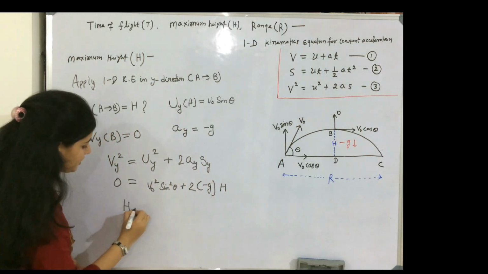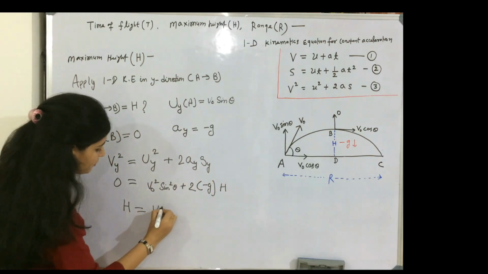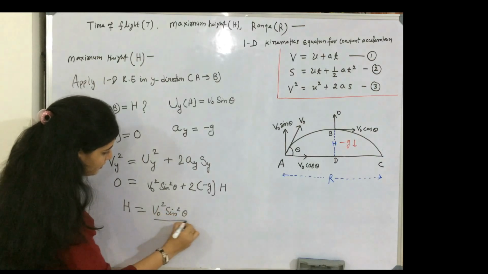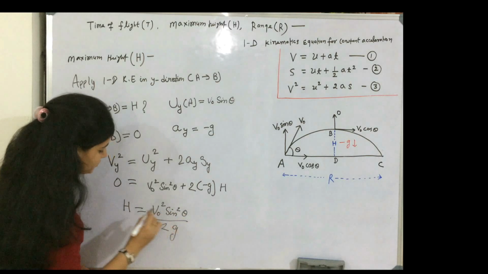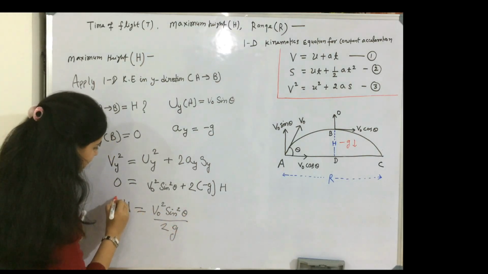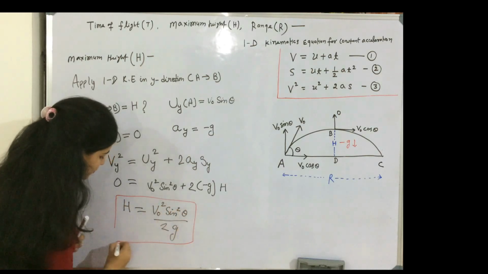So H equals V0 square sin square theta by 2g. So this is the formula for maximum height of projectile.